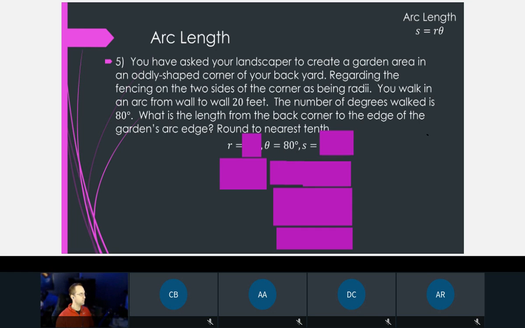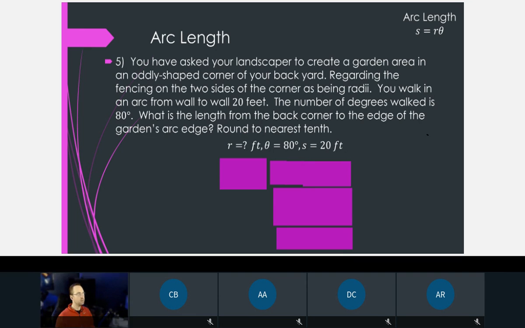So we know the degrees is 80 degrees, and the sector length is 20 feet. Do we know what the radius is yet? No. So that's what the problem is telling us to do, right? It wants us to find the length from the back corner to the edge of the garden's arc edge. So that's the radius, right?